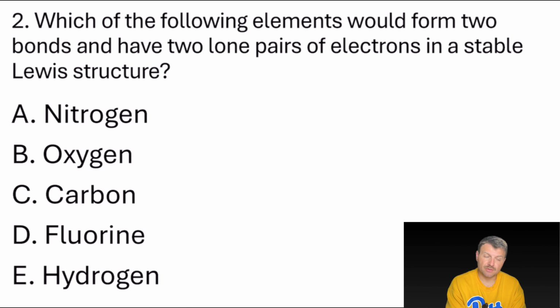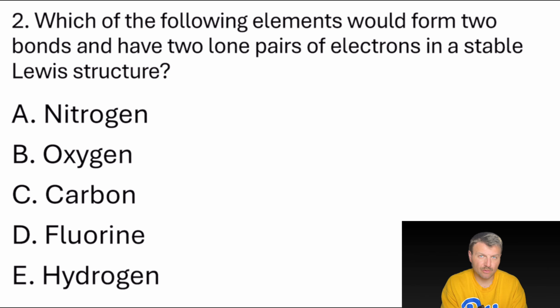Let's go over question number 2 now. Which of the following elements would form 2 bonds and have 2 lone pairs of electrons in a stable Lewis structure? There are a lot of words in that question that can confuse us, but let's break this down. The question is asking what element would form 2 bonds and have 2 lone pairs of electrons.